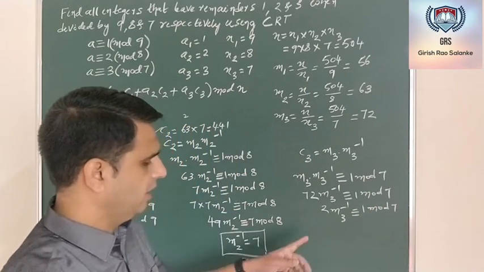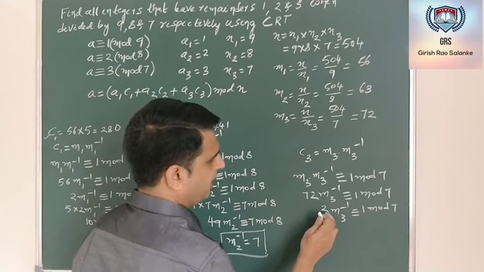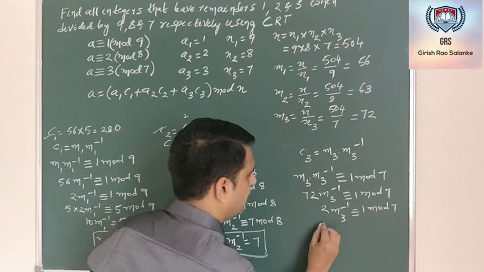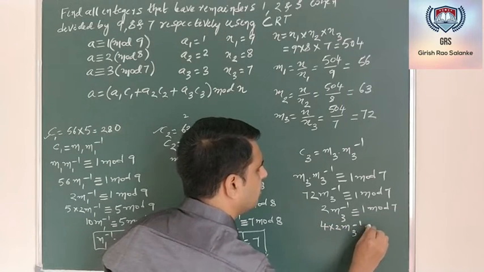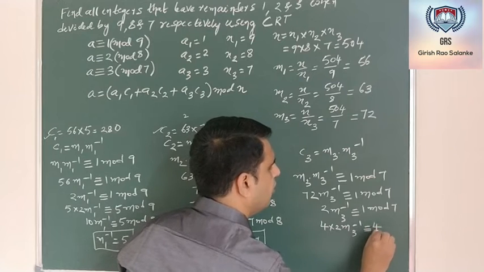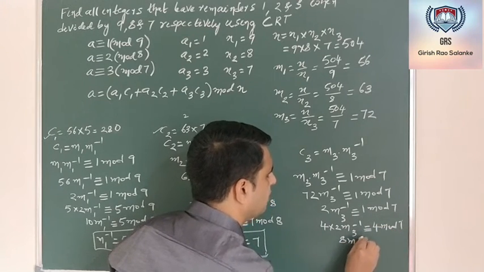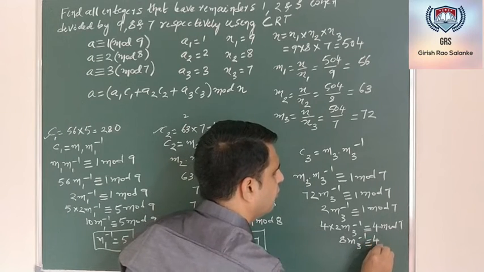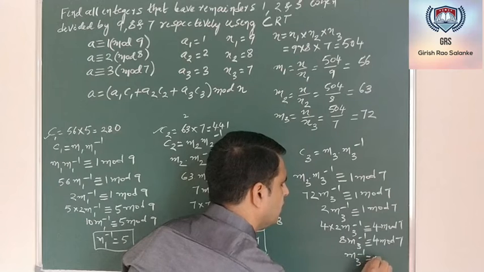Now I need to find a number on multiplying this gives 8, and 8 mod 7 is 1. So multiply it by 4. 4 into 2 m3 inverse congruent to 4 mod 7. So this is 8 m3 inverse congruent to 4 mod 7. So what is my m3 inverse? m3 inverse is 4.